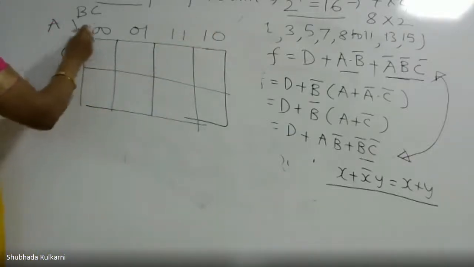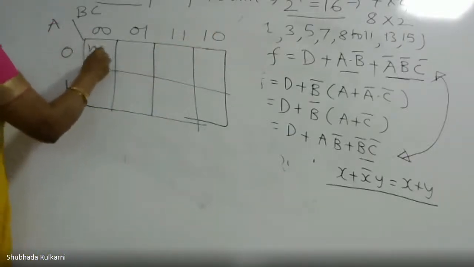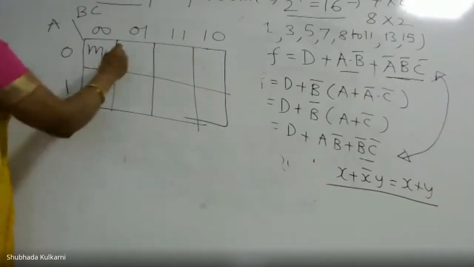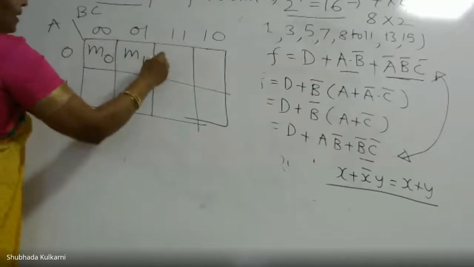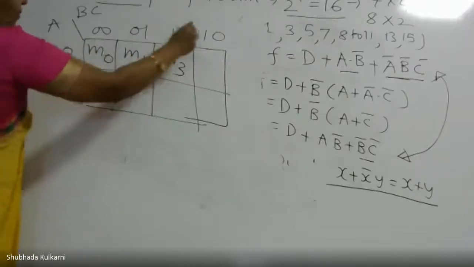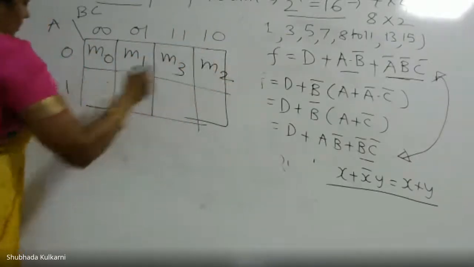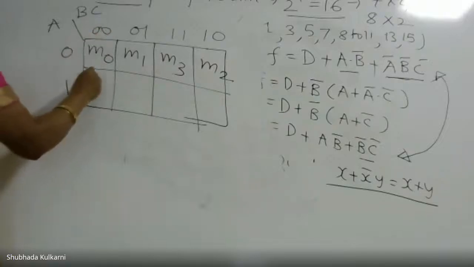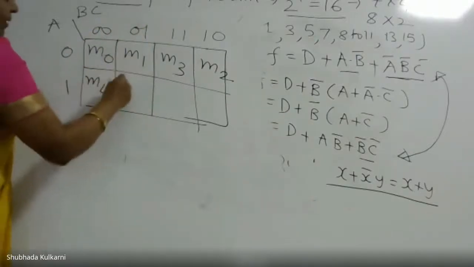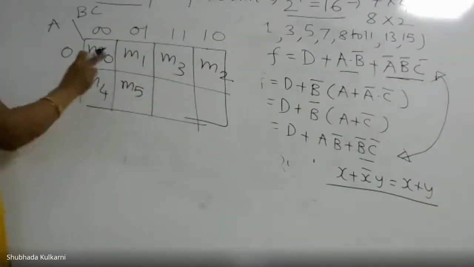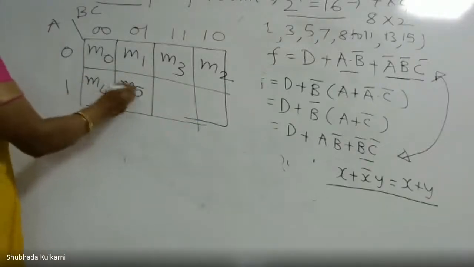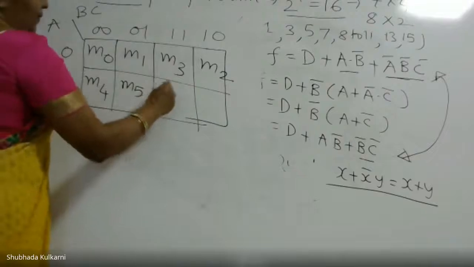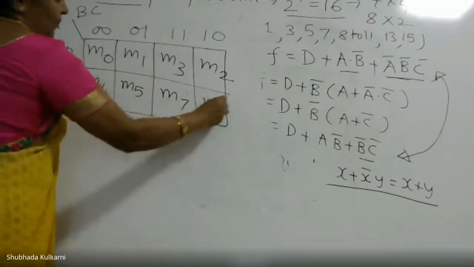If all variables A, B, C are 0, 0, 0, this is the M0 position. Then 001 is M1, 011 is M3, 010 is M2, then 100 is 4, 101 is decimal 5. But here we write the min term as M5 instead of only 5. Then 111 is M7 and M6.